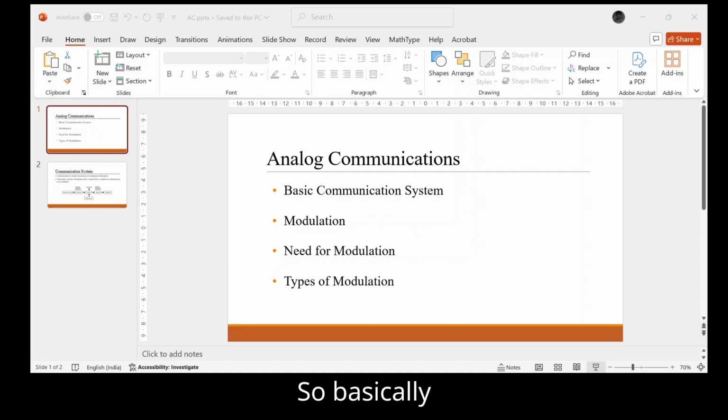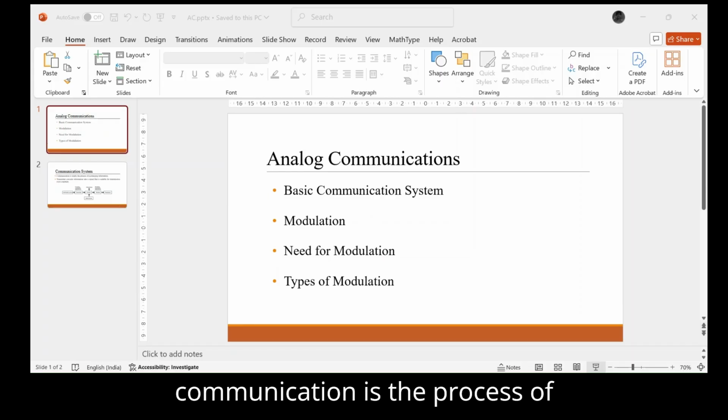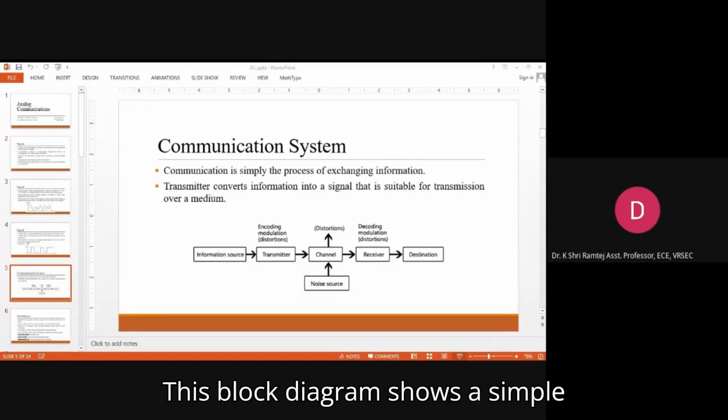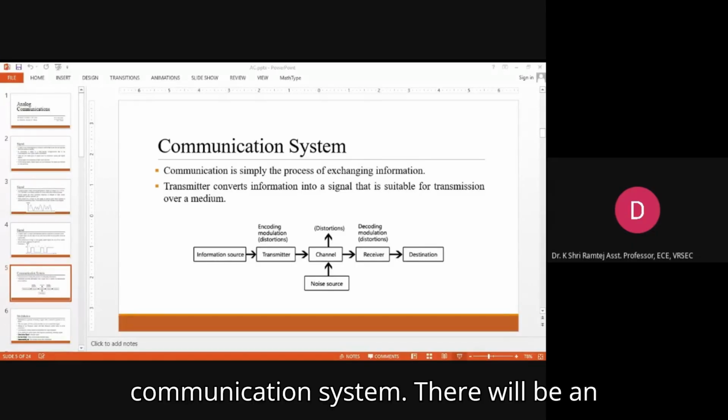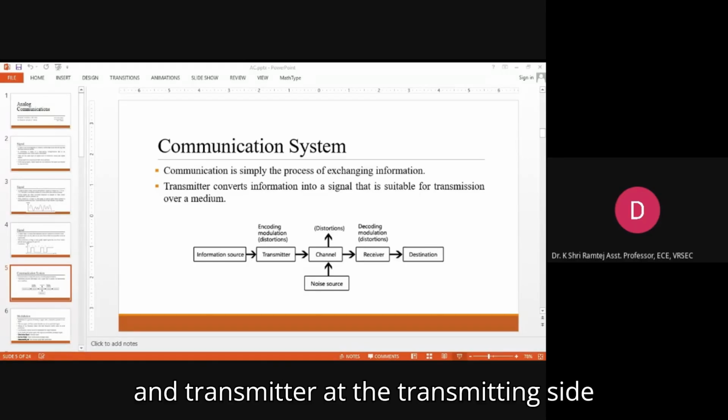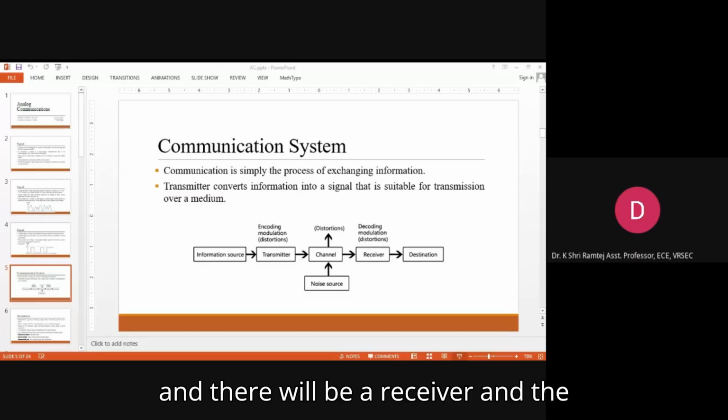So basically, communication is the process of exchanging some information. This block diagram shows a simple communication system. There will be an information source and transmitter at the transmitting side, and there will be a receiver and the destination at the receiver side.